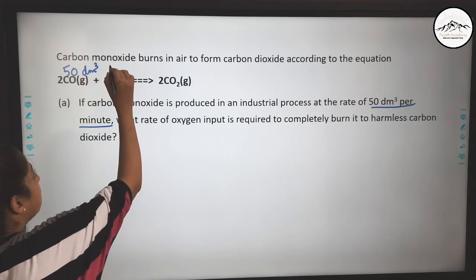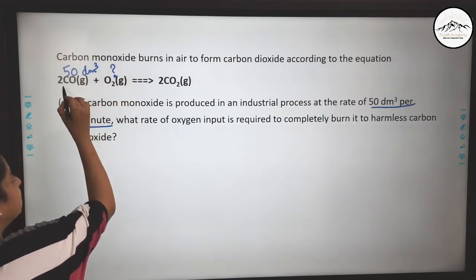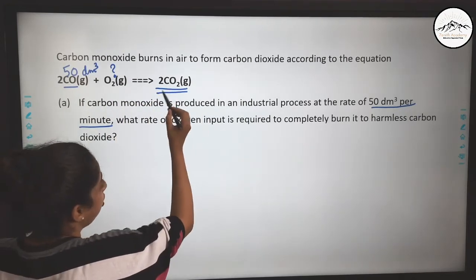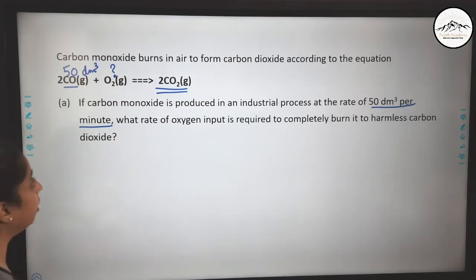So they are asking the volume of oxygen so that this carbon monoxide reacts completely to form non-poisonous or harmless carbon dioxide. Now they have given the volume of carbon monoxide and we have to find the volume of oxygen.